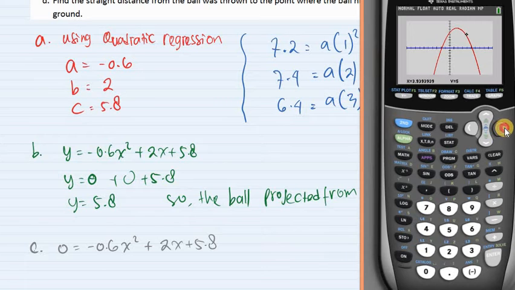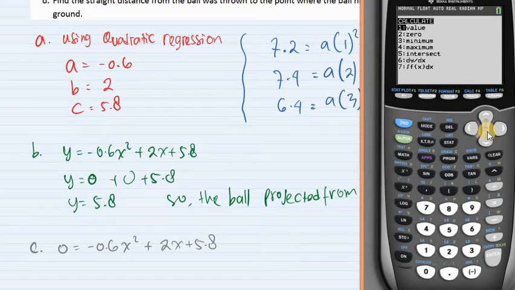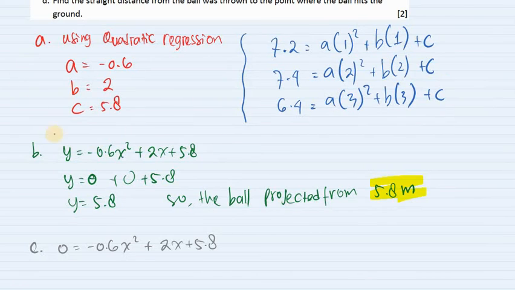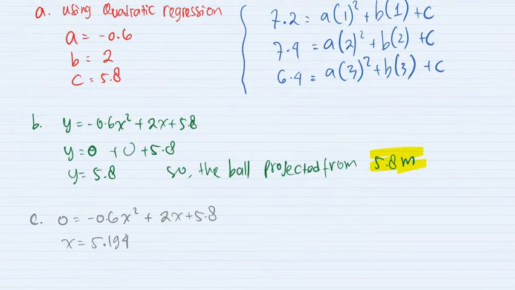As you can see, the height of the ball will be equal to 0 at this point. I hope you can see that. So just second calculate, second trace, find the intersection. I want the intersection between this, the first curve, and that, the second curve. Once again, we get the intersection is 5.194. So x equals 5.194, or x is approximately 5.19 meters.